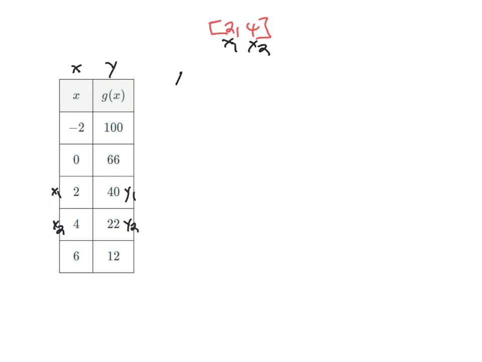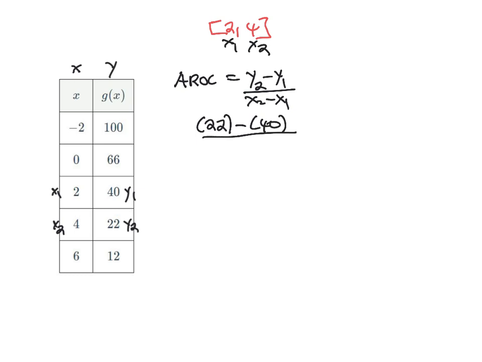And of course, the formula for average rate of change is y2 minus y1 divided by x2 minus x1. Substituting these values into the formula, we have 22 minus 40, and that's divided by x2, which is 4, minus x1, which is 2.